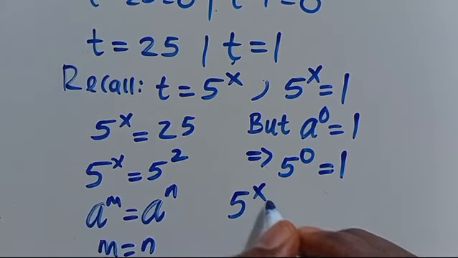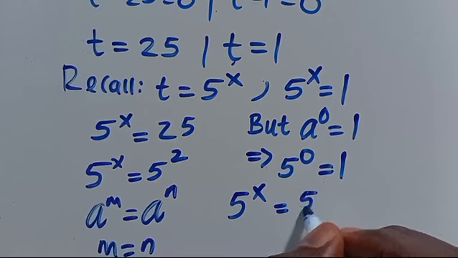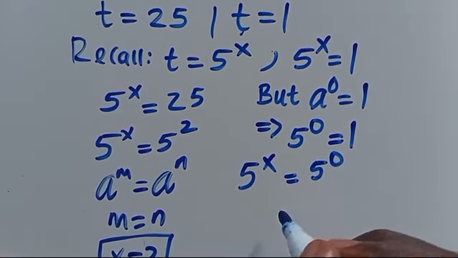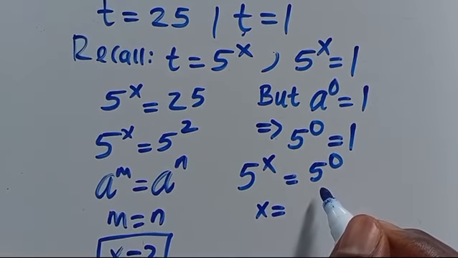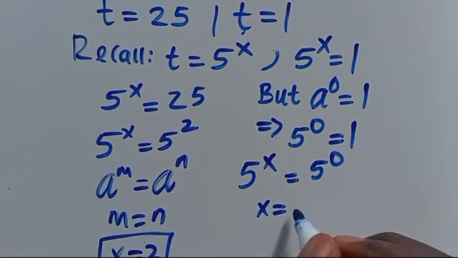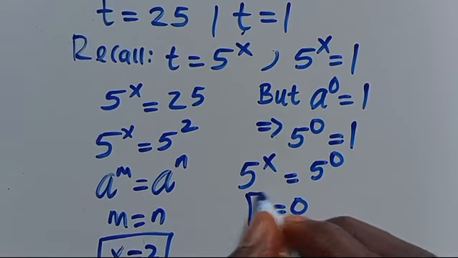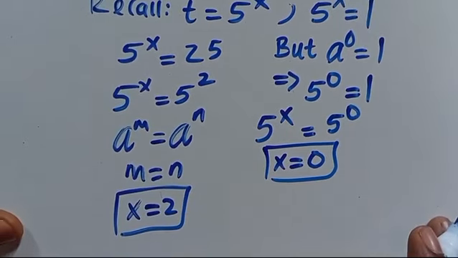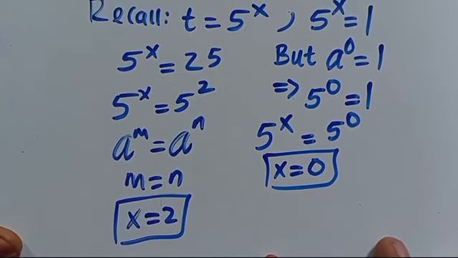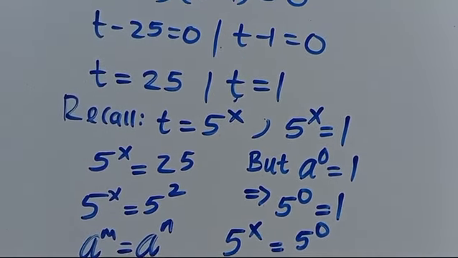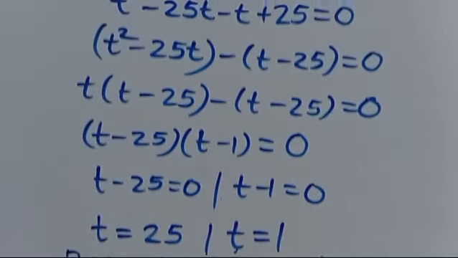So we have 5 to the power of x equals 5 to the power of 0. Also, by equating the power, since the bases are the same, we have x equal to 0. So x equals 0 as well as x equals 2. Then we have to verify all these solutions.